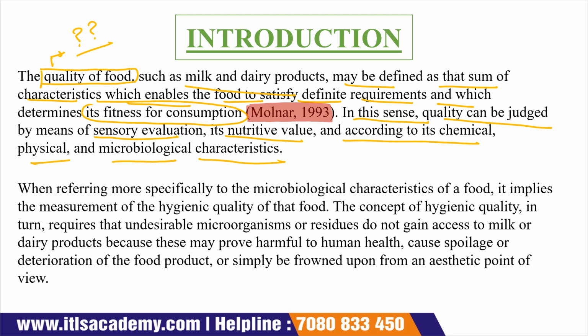First of all, in a laboratory we perform all these tests, like nutritive value. Suppose we have any product, like milk or a milk product. We check the nutritive value, like its carbohydrate concentration, its fat, protein, and along with it, vitamins and minerals.